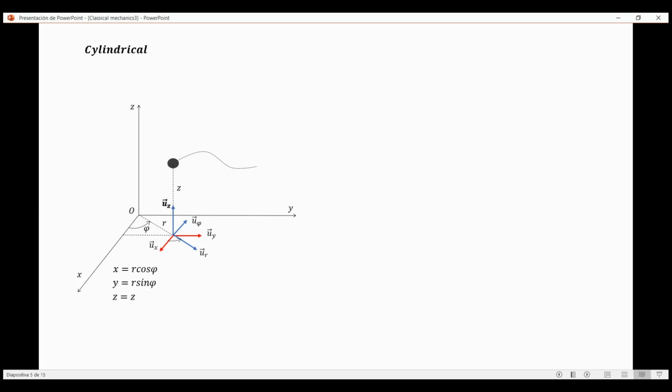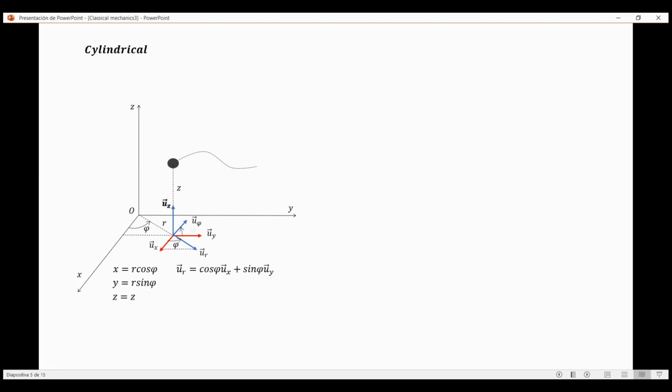So that angle here is phi, and we can decompose the new vectors in terms of the Cartesian vectors. ur is cosine of phi ux plus sine of phi uy. If this angle here is phi, this is 90 minus phi, and this is phi again.